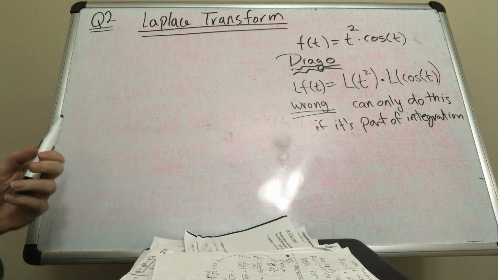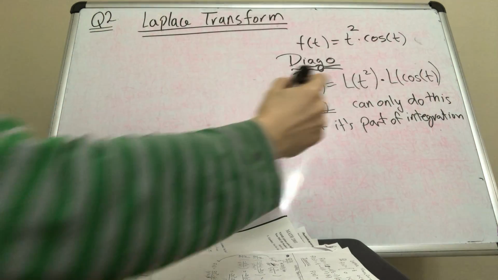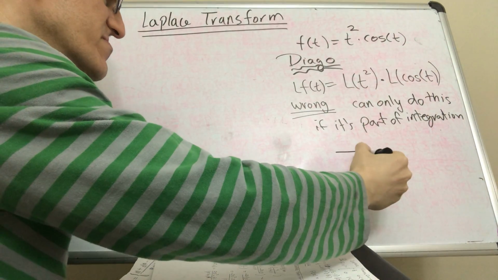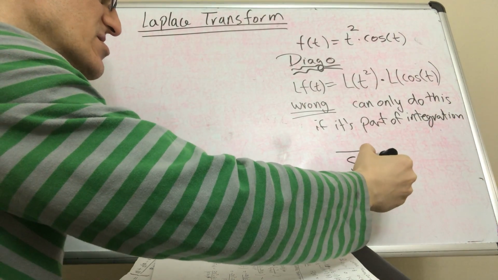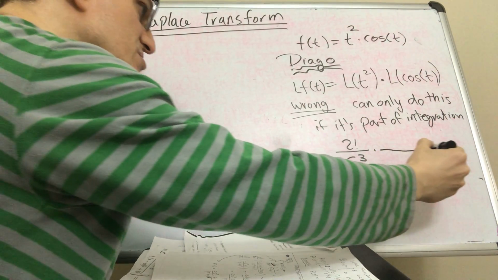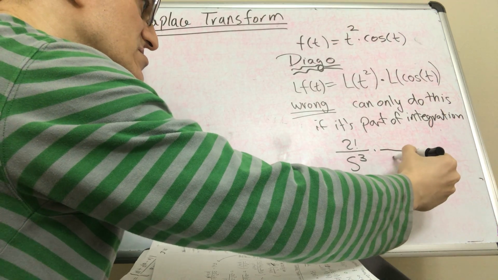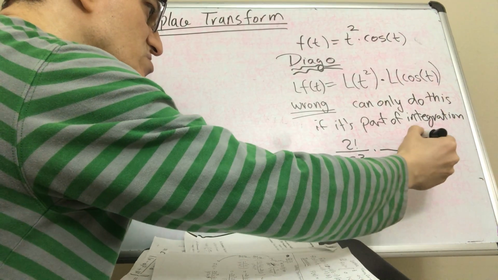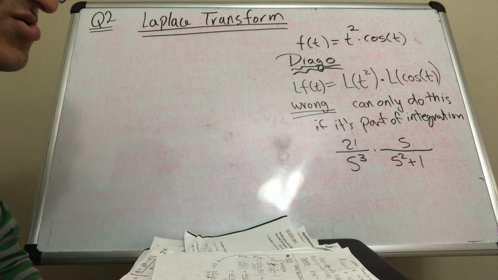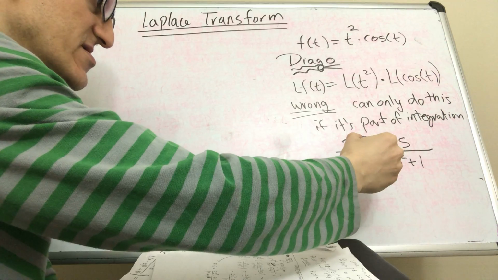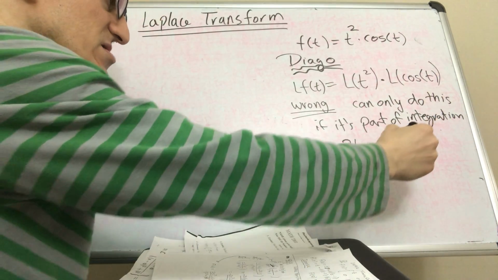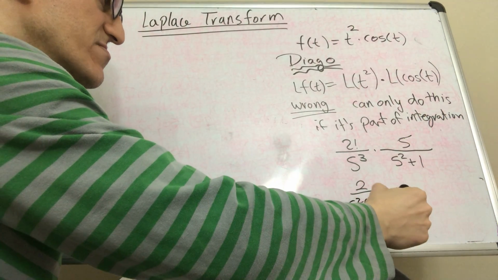You can't just say a function times a function is transform of the first times transform of the second. That's wrong. So he continued with this and he said the transformation for t squared is like 2 factorial over s cubed, and the rule for cosine was s over s squared plus 1, and just continued with this, where 2 factorial is 2, you cancel s with s, so you have s squared.